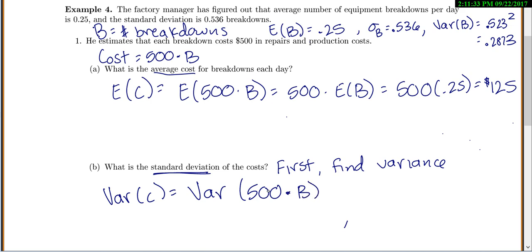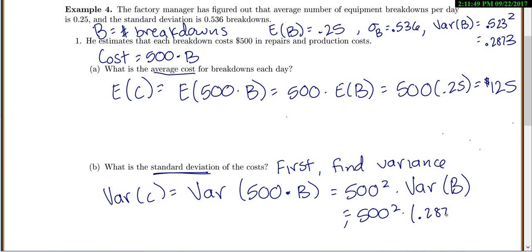Now that 500 gets to come out, but it has to come out squared. So we'll have 500 squared times the variance of b, which is 500 squared times 0.2873, which gives me 71,825.